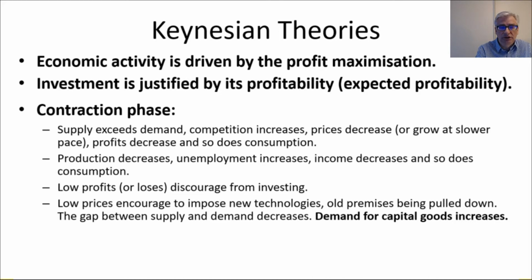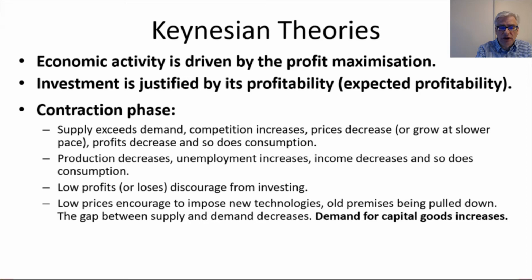Having discussed those two assumptions, let's look at the mechanism of business cycle when it comes to Keynesian theory. Let's start with the contraction phase. What happens in the contraction phase according to Keynes? Well, the first thing here is contraction phase is the situation when supply exceeds demand in the economy.